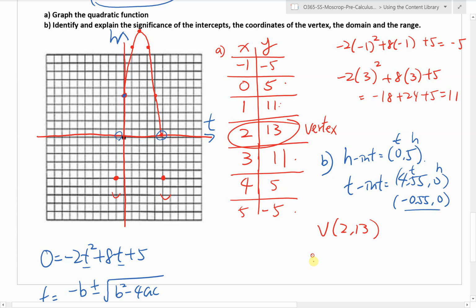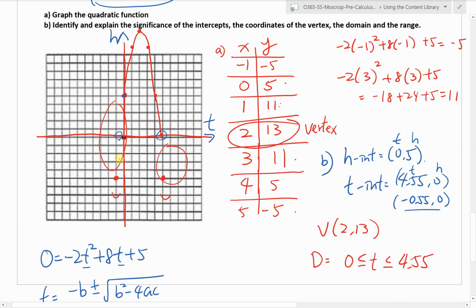So now again, domain and range. We don't really care about this portion, nor these portions, okay? So the domain in this particular situation only goes from 0 to when it lands, which is 4.55 seconds, okay? So this is the only portion of the graph that we actually care about.